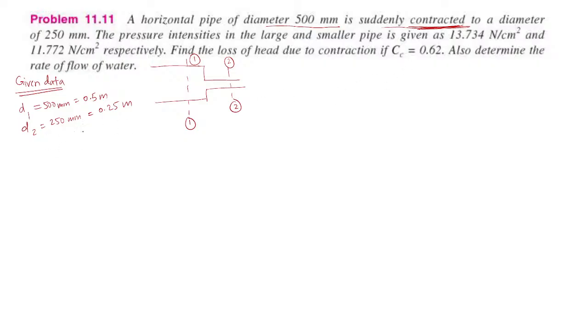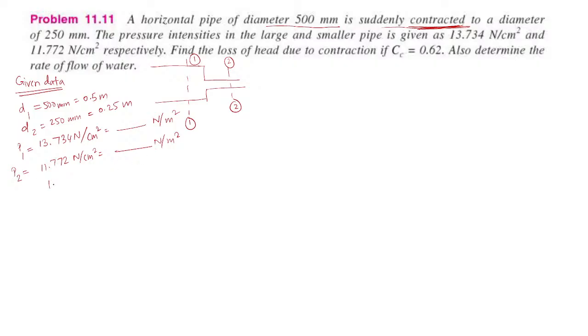Now pressure is also given here. So P1, at the large diameter, is given as 13.734. Here the unit is complicated, Newton per centimeter square. So we need to convert it to Newton per meter square. Similarly P2 is 11.772 Newton per centimeter square. Again we need to convert this to Newton per meter square.